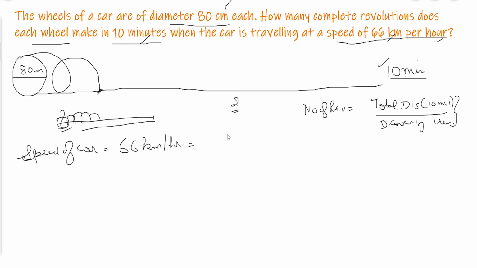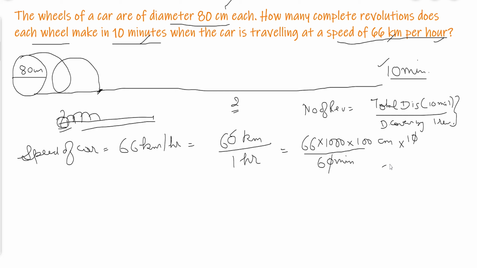It means it is covering the distance of 66 kilometers in 1 hour, which can be rewritten as 66 into 1000 to convert kilometers into meters, and into 100 to convert this distance into centimeters, and this 1 hour can be converted into 60 minutes so that we can find the distance in 1 minute. But we want the distance covered in 10 minutes, so we'll be multiplying it again by 10.